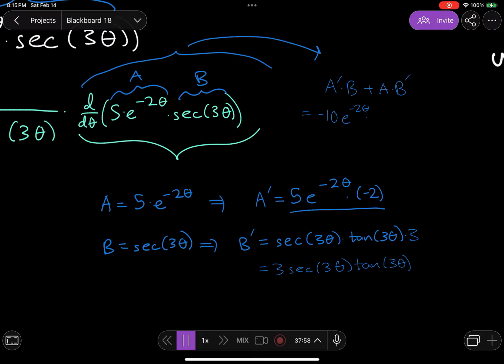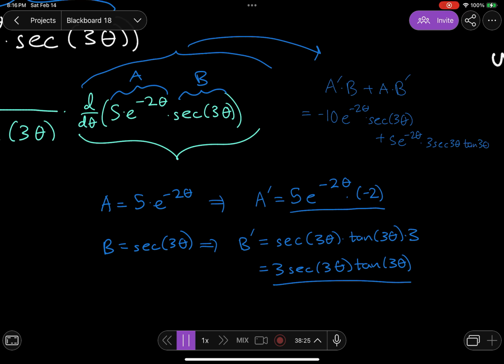Times B, which is secant of 3 theta, plus A, which is 5 times e to the negative 2 theta, times the derivative of B, which is this right here, 3 secant 3 theta, tangent of 3 theta.